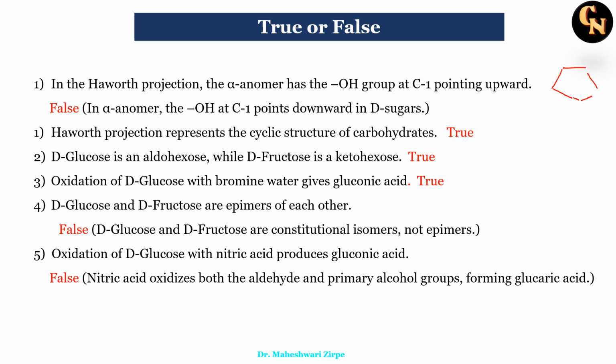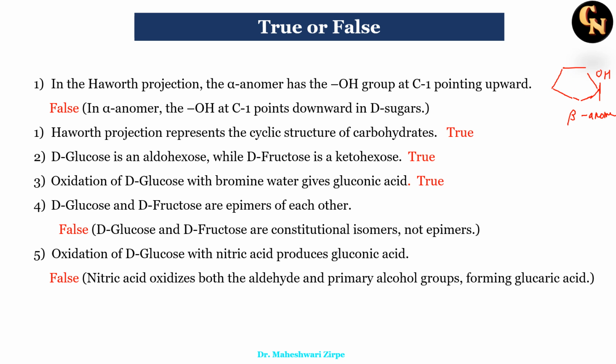Okay, so here it is cyclic actually, and suppose this is your first carbon, then if the OH group is upward, then we will call such projection not alpha but beta, the beta anomer. Okay, and if it is downward, then we call it alpha.